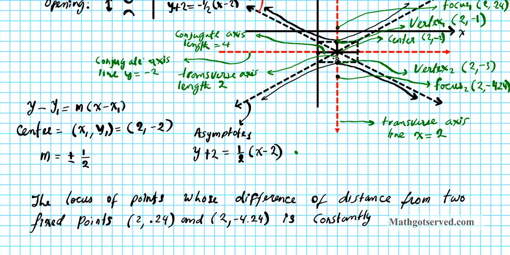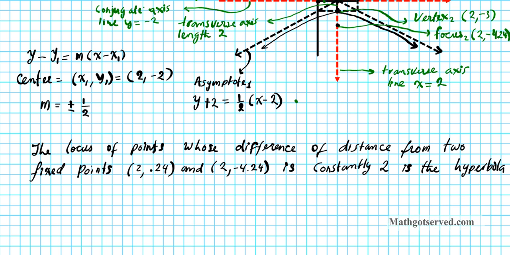Okay, it's constantly 2 is the hyperbola with the equation, and they write down the original equation, negative x squared plus 4y squared plus 4x plus 16y plus 8 equals 0. All right, so that's that.